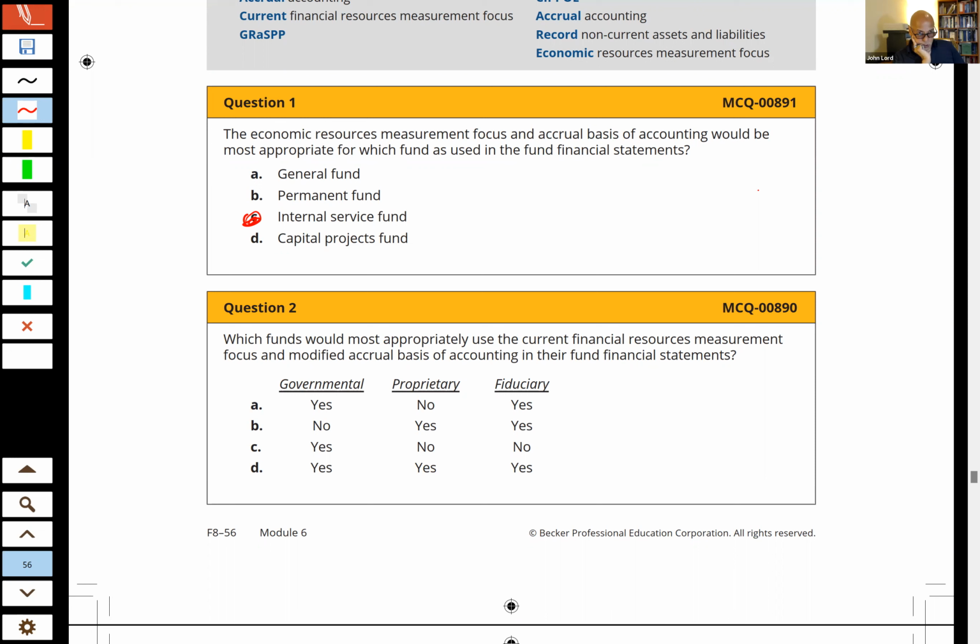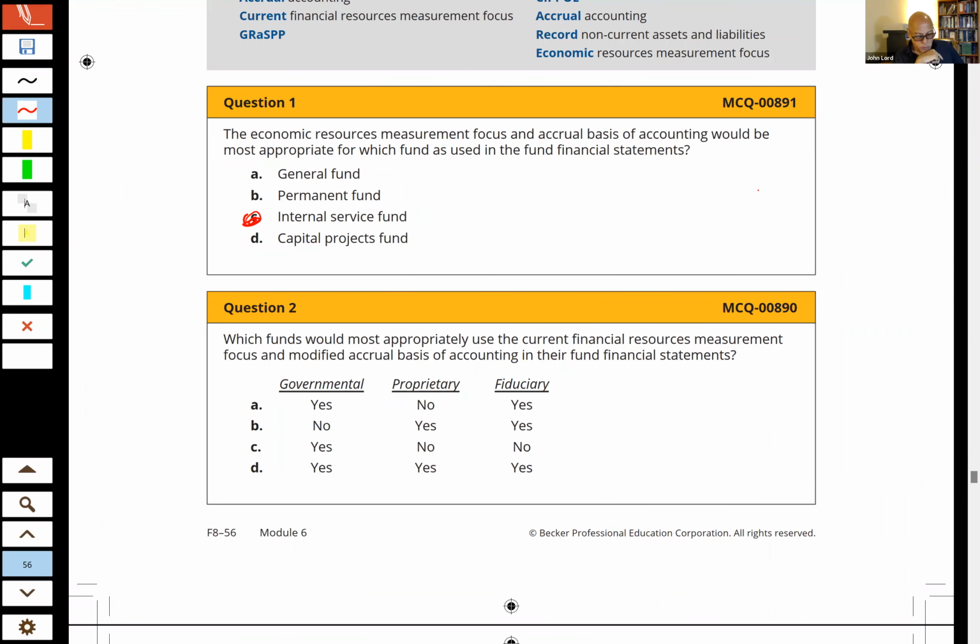How many fund types use modified accrual current financial resources measurement focus? One. The governmental funds are the only one.